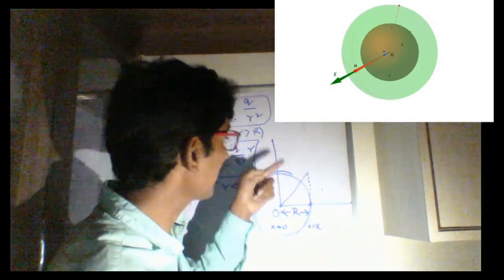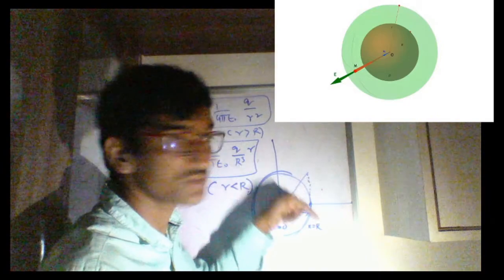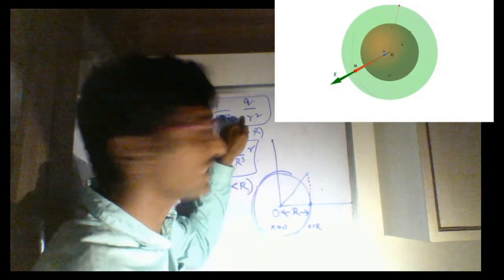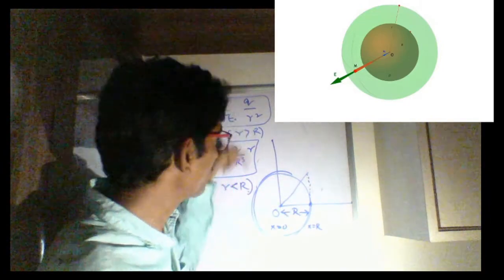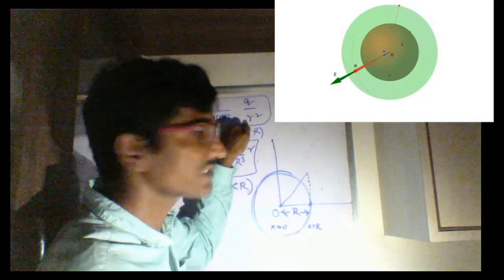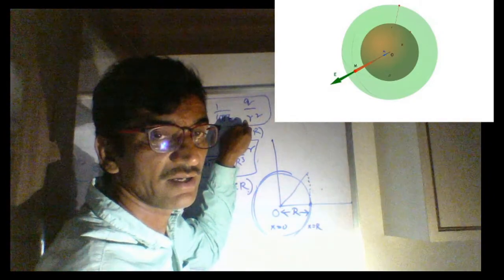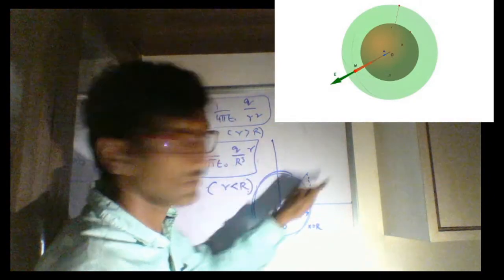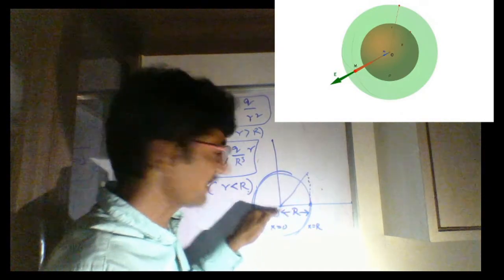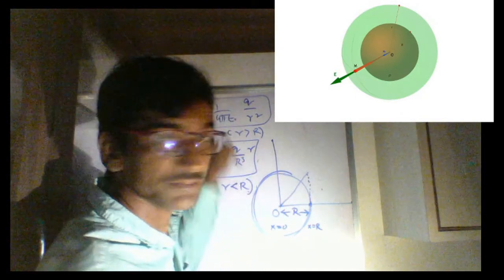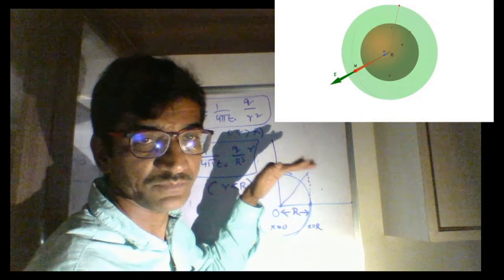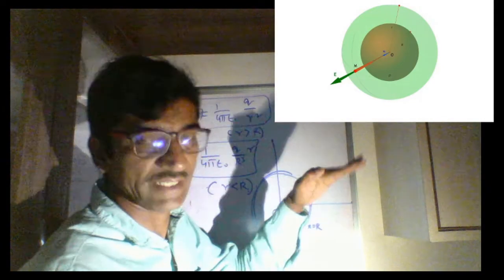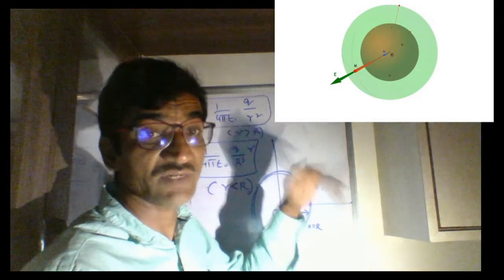Now you have to go for another formula. It refers to the outside points. See our earlier formula which we derived before this. Here it is the inverse square law. As you move away from the center, it falls in an inverse squared manner.